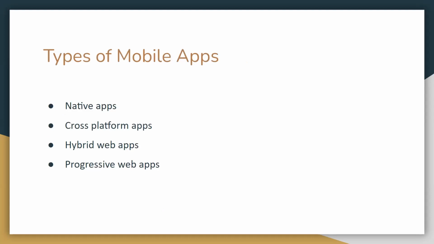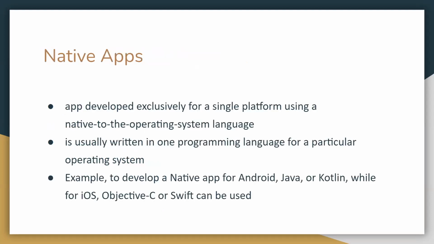Now, let us take a look at the types of mobile applications. We have native apps, cross-platform apps, hybrid web apps, and progressive web apps. So what are native apps?